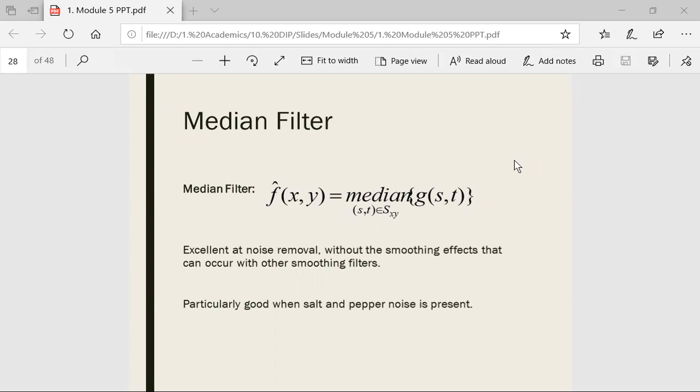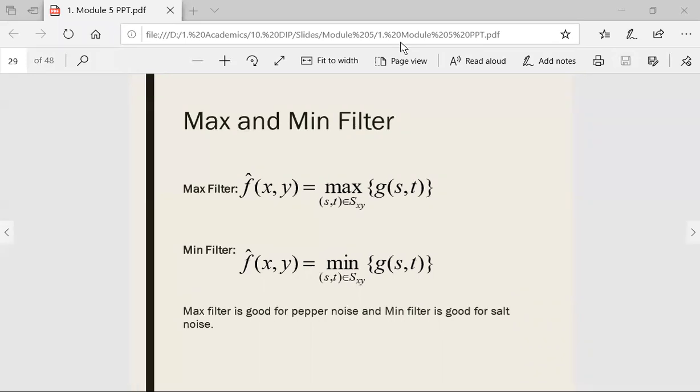It is particularly good when salt and pepper noise is present, as I already explained. The median filter takes the median of the pixel values, then removes both black and white noise if present in the image. The max and min filters are used either to remove the black pixels or the white pixels. If you use the max filter, it removes the black pixels.